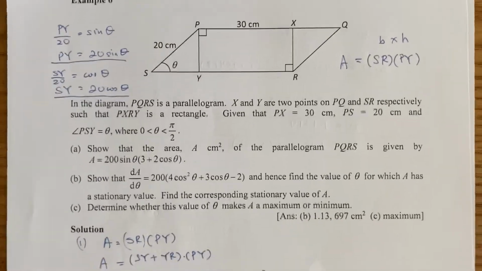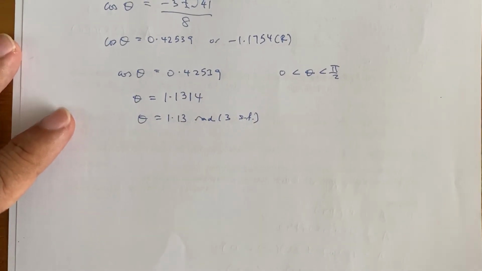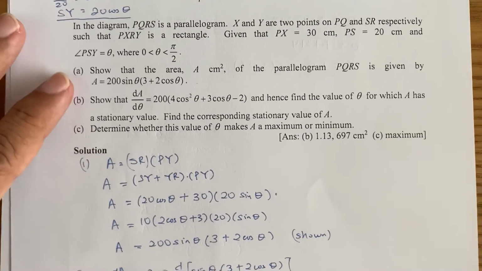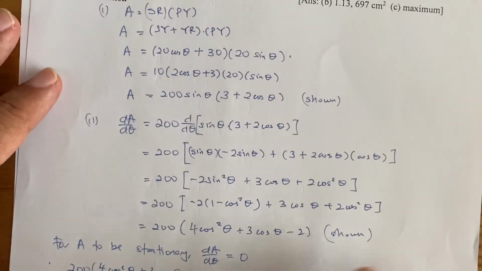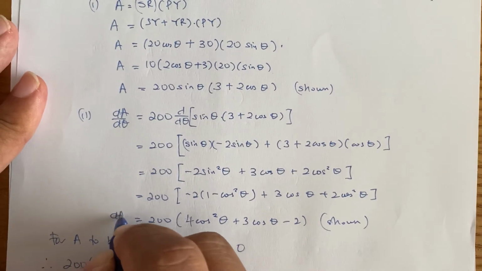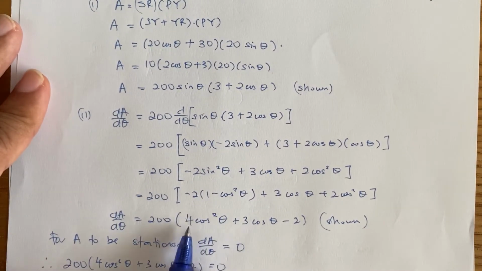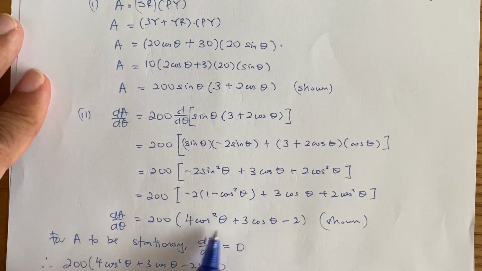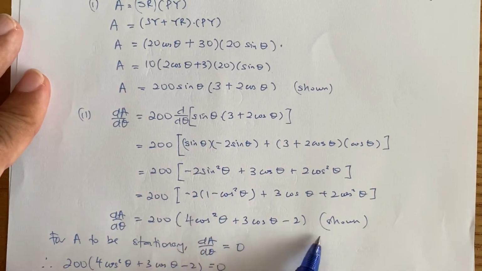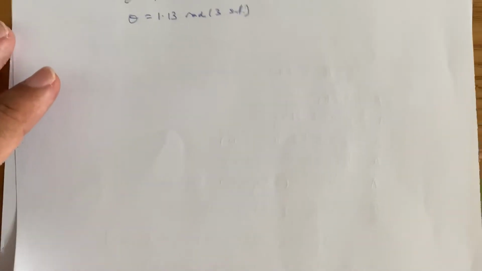Now I look at my dA/dθ. Again, this is my dA/dθ. This is going to be a hassle for me to differentiate, so I'm going to use the first derivative test.